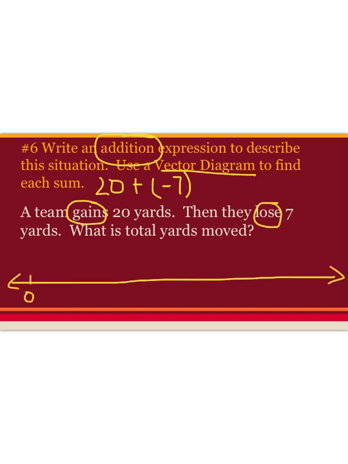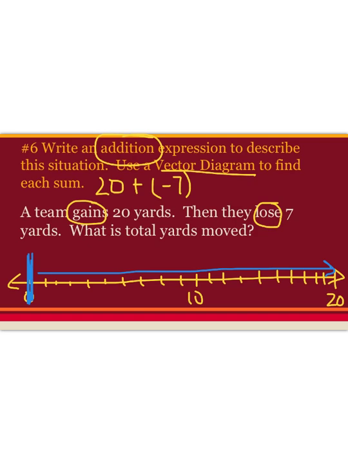0, 1, 2, 3, 4, 5, 6, 7, 8, 9, 10, 11, 12, 13, 14, 15, 16, 17, 18, 19, 20. All right, we're going to start at 0. My first vector is a positive, so it's to the right, 20 spaces.